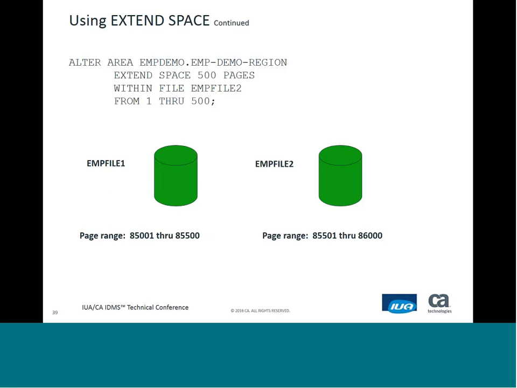By default, it's still going to recognize the fact that the first 500 pages are mapped to EMP-file1. What you're doing with this statement is causing IDMS to say, okay, here's another file, and how do I map this extra 500 pages to it? So the first 500 pages continue to map to EMP-file1, but now pages 85,501 through 86,000 map to EMP-file2.